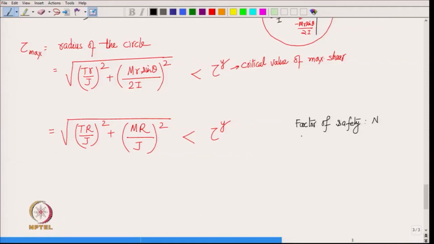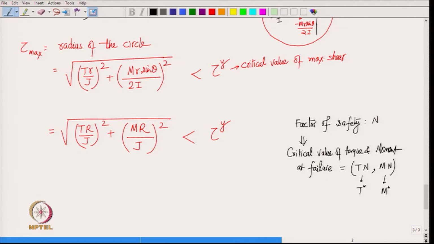So, this means the critical value of torque and moment at failure is actually T n and M n. So, that is your T star, the value for failure, and that is your M star.